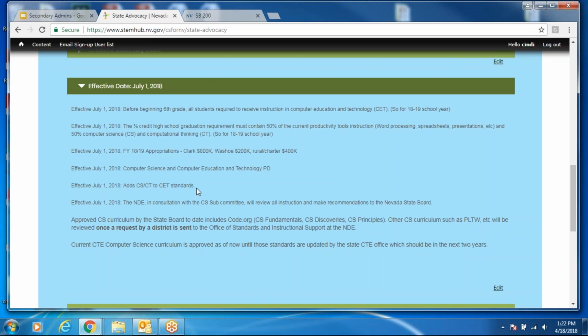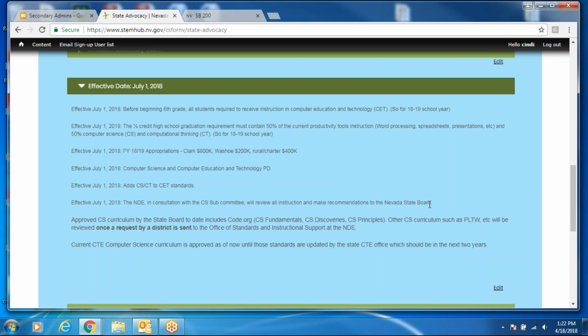And again, I have a slide that will explain why we're adding this and what these are. And then also the department, in consultation with this subcommittee I spoke about, will review all instruction and make recommendations to the Nevada State Board.